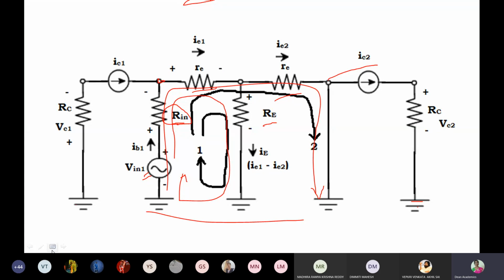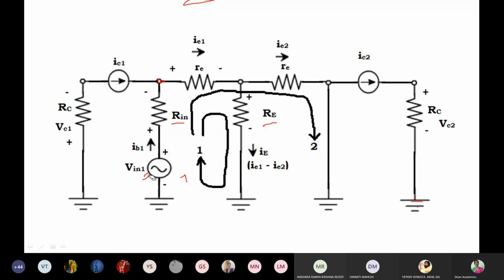I will erase these red lines, just for understanding sake, to show you the direction I have drawn.